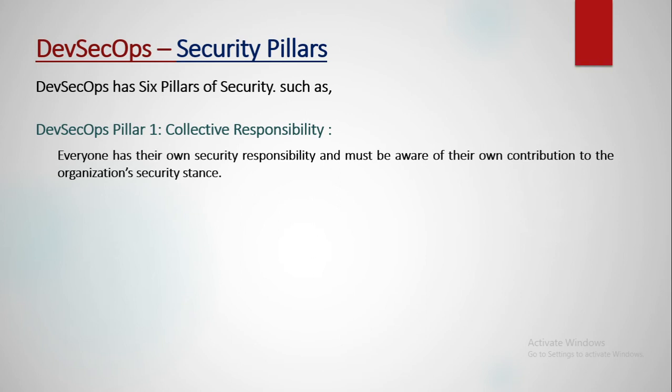Okay. When it comes to the DevSecOps security pillars, according to the Cloud Security Alliance, they separate DevSecOps security into 6 pillars. Here, I describe them one by one separately. First one is collective responsibility.